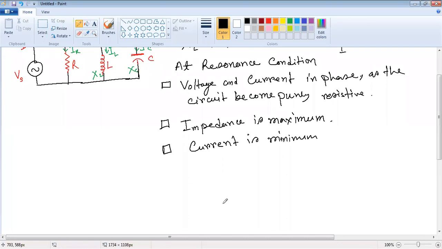Now we are going to the impedance versus frequency graph. If this is the impedance Z, and this is the frequency omega, this is the resonance frequency omega r.